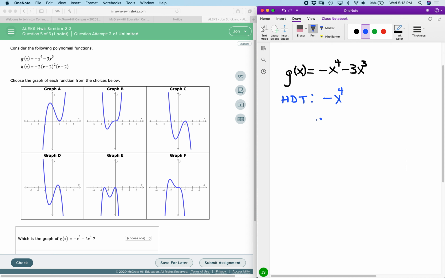In this case, the leading coefficient a sub n is equal to negative 1, so you have a negative, and for the degree, n is equal to 4, so you have n being even.